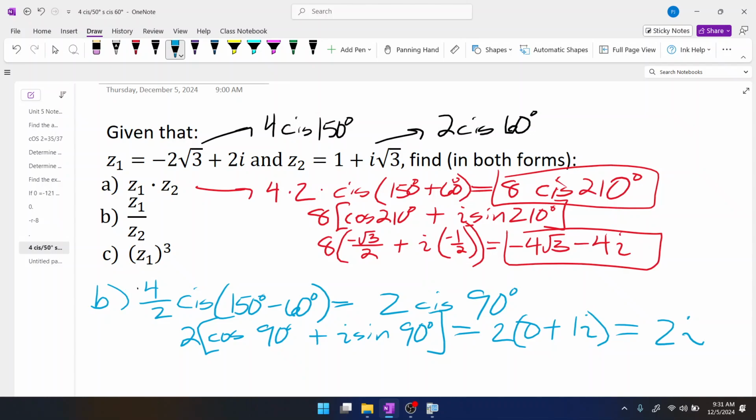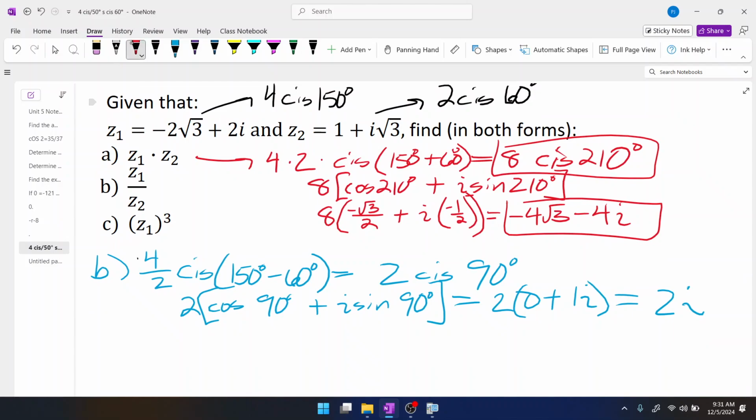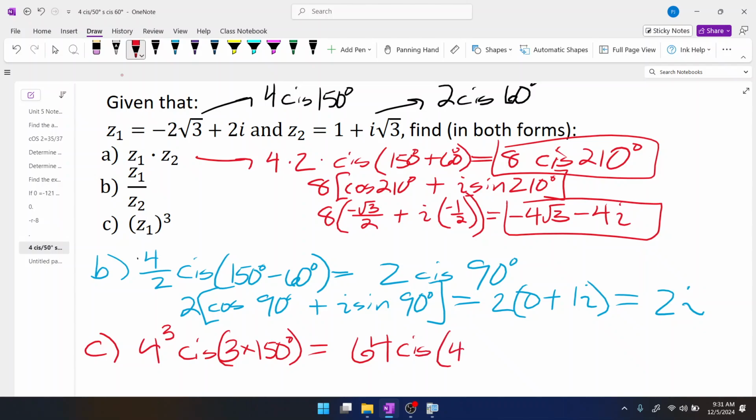Now for this last one, I'm not going to be as strict. If you give me the angle as 450, I'm not going to penalize you. But basically, it's going to be 4 to the third times cis 3 times 150 degrees. So that's going to become 64 cis 450 degrees.